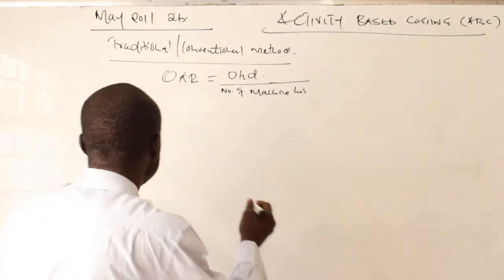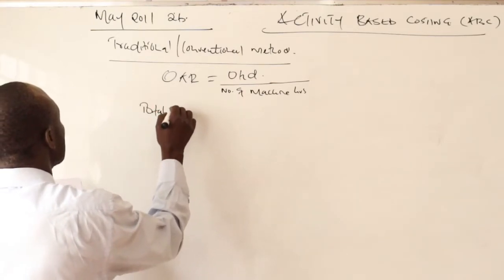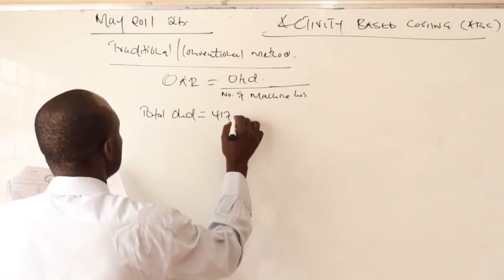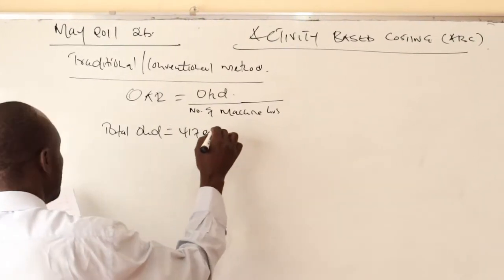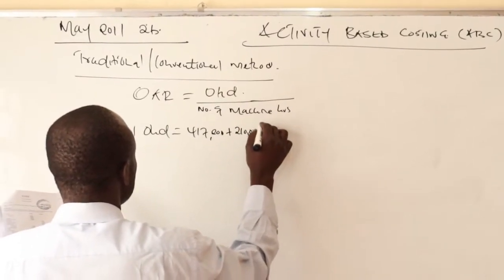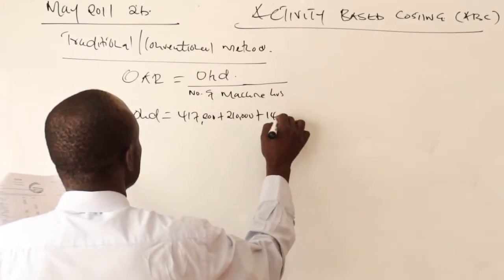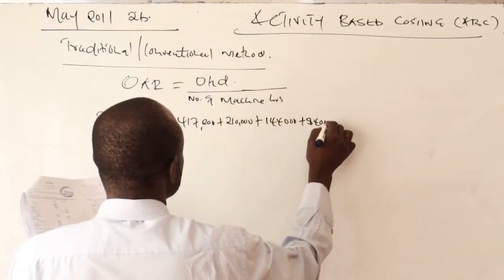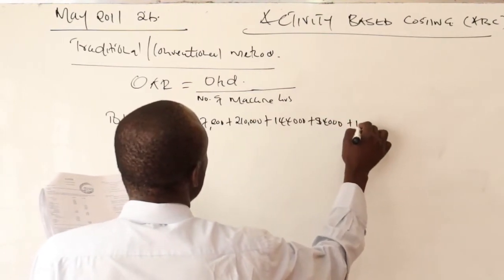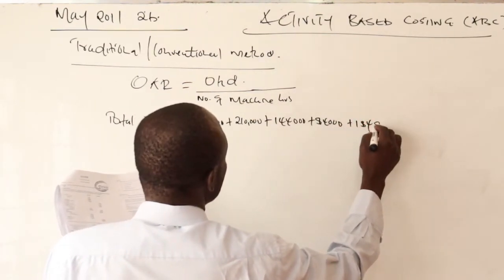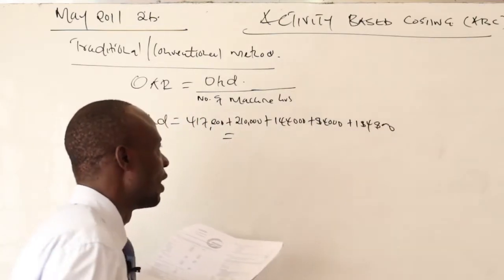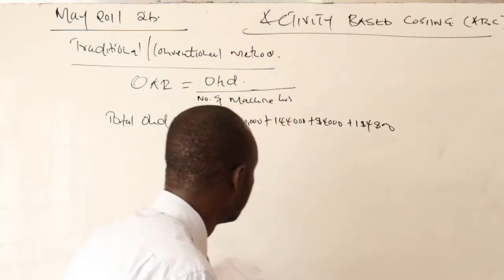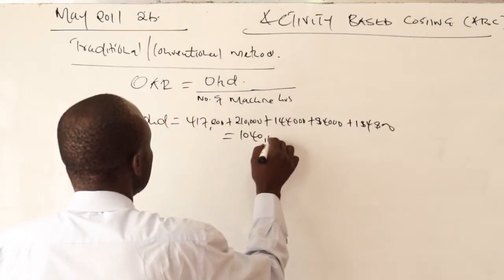So the total overhead is going to be 417,200 plus 210,000 plus 144,000 plus 84,000 plus 184,800. This gives us the total overheads, which will be 1,040,000.